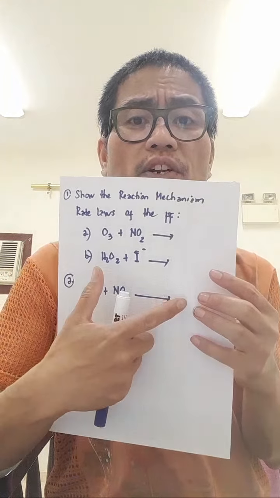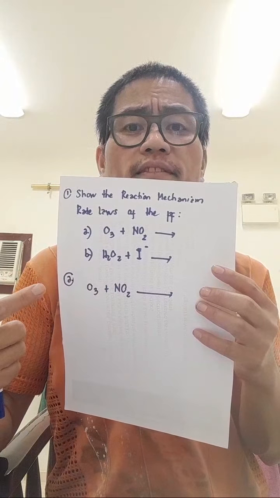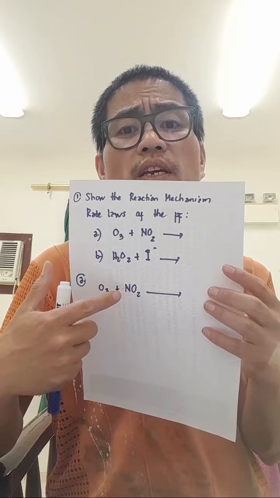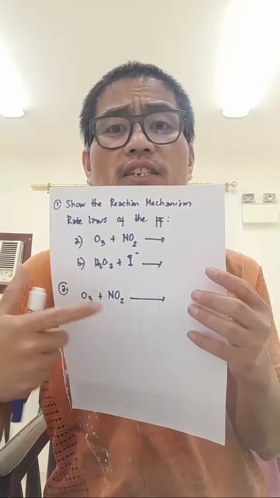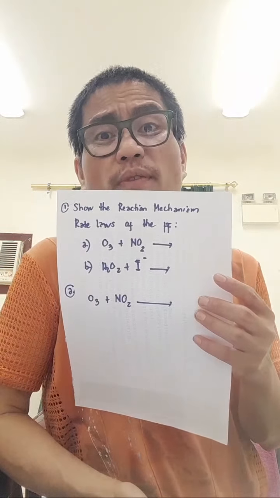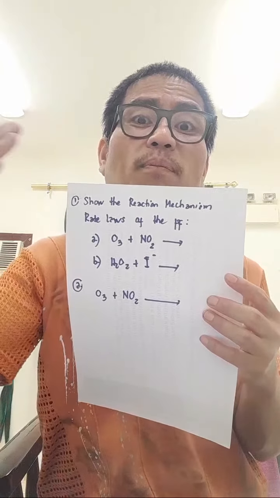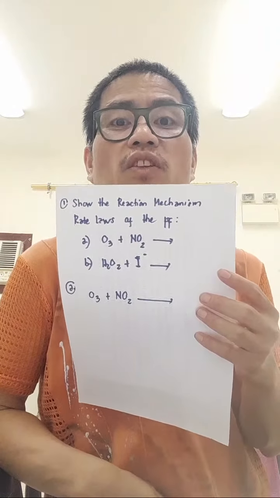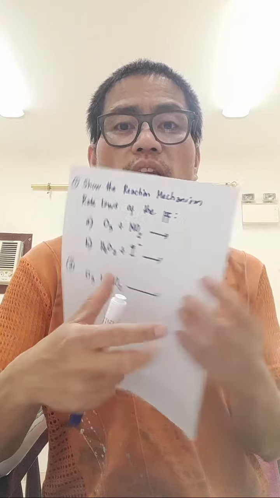Oxygen gas will be here, then we also have nitrate, because it's impossible that it will go back to NO2. So it should be nitrate because NO3 is next to NO2. NO4 is not possible, and NO5 is not possible, because we start with the simplest form of products expected in a chemical reaction. So it's going to be O2 plus NO3, and O3 plus O2. And then this is the rate constant k1.